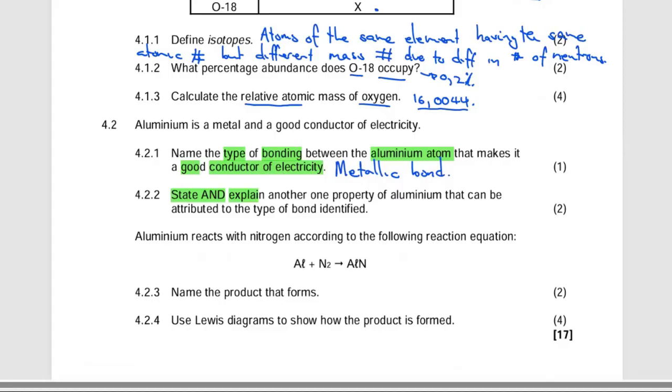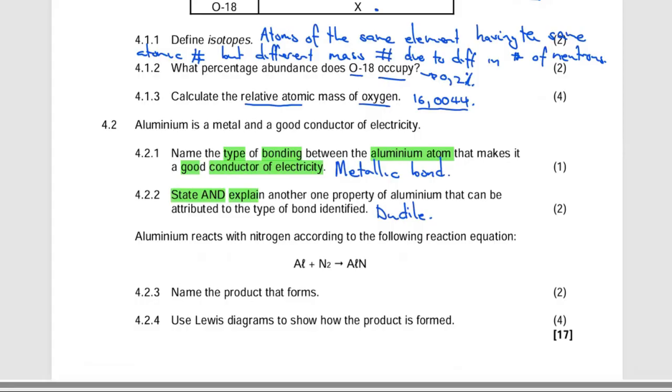I can say aluminum is ductile. Ductility is the ability of it being pulled into wires. It can be stretched into a wire. So that's one property.